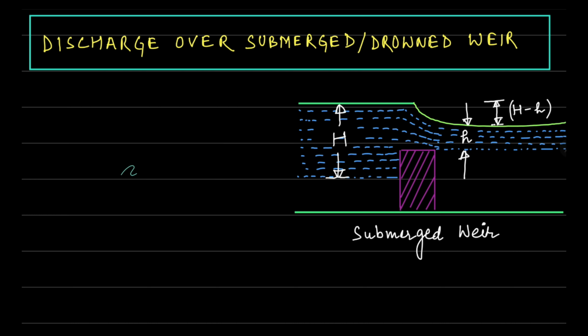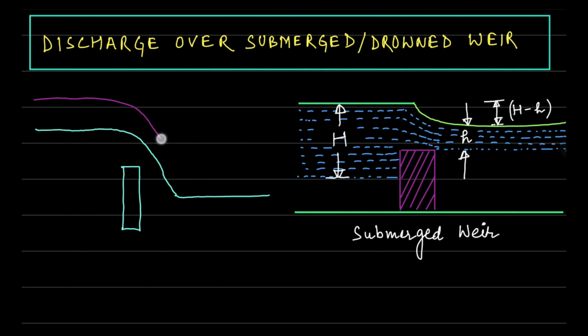Let's take a weir which is placed in an open channel flow. Suppose water is flowing this way, and the water takes a fall from this location and continues, taking this kind of shape. However, in the case of the drowned or submerged weir, it will take a shape like this, and then it gets discontinued over this one.